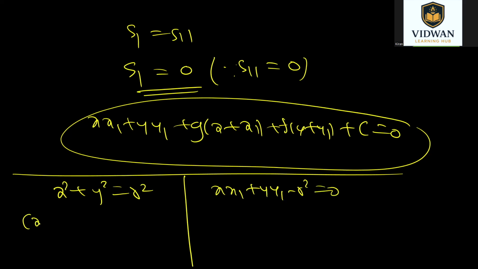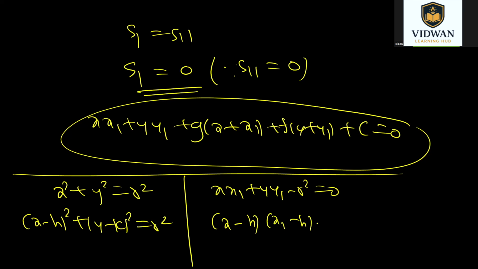And in case the circle is x minus h whole square plus y minus k whole square equal to r square, the tangent would be x minus h into x1 minus h plus y minus k into y1 minus k minus r square, because this is the value of s1 equal to 0.